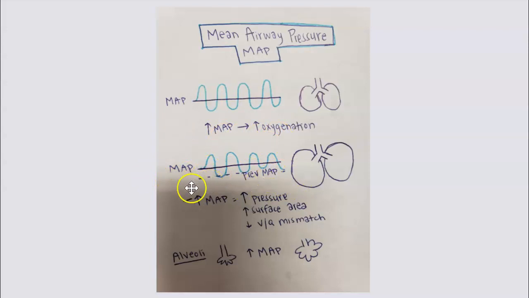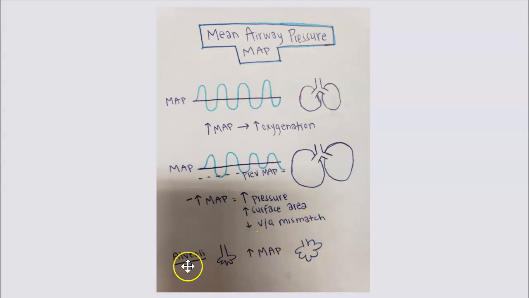So down here, let's say this line right here was our previous mean airway pressure. We increased that mean airway pressure right here to allow for more expansion in the lungs, to allow for improved oxygenation. So when we increase mean airway pressure, we increase pressure and surface area, and it is our attempt to decrease VQ mismatch by improving the alveolar recruitment for the V part of VQ mismatch, so that we don't have little collapsed alveoli.